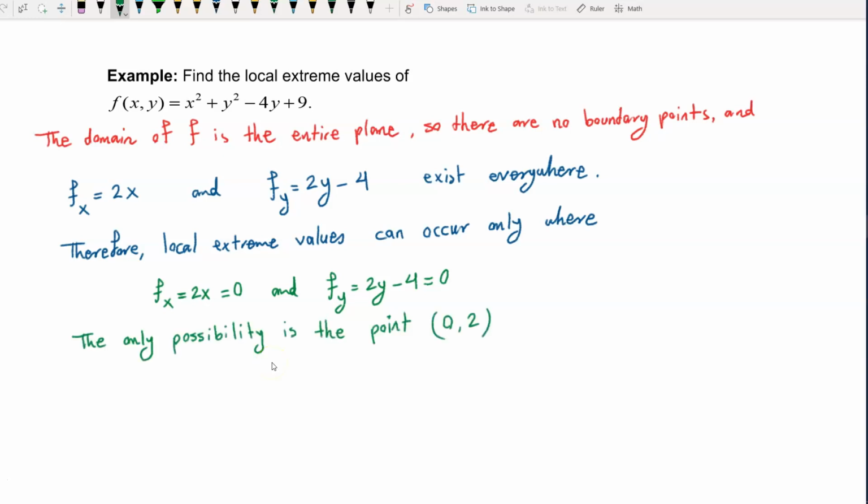So the only point that we have here is 0, 2, and at this point f of x, y is equal to 5. So f of 0, 2 equals 0 squared plus 2 squared minus 4 times 2 plus 9, which is equal to 5.